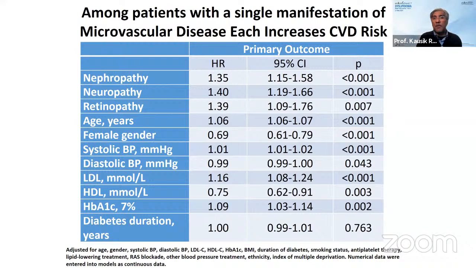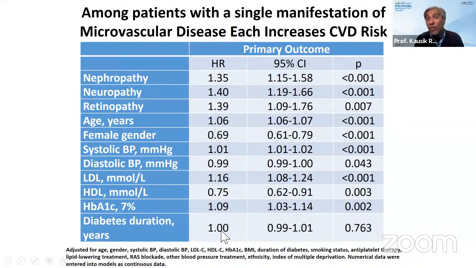And so, for example, what I've done here is just to show you, if you had one manifestation of microvascular disease, so the focus was microvascular disease, each of these on its own can increase your risk by around about 30%. And it doesn't matter which one they have. So these are interchangeable. And it could be argued that these are just really a manifestation of duration of diabetes.